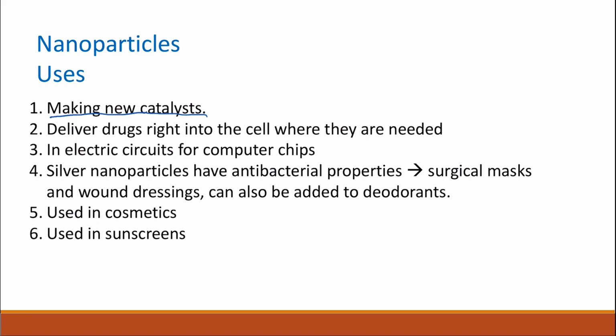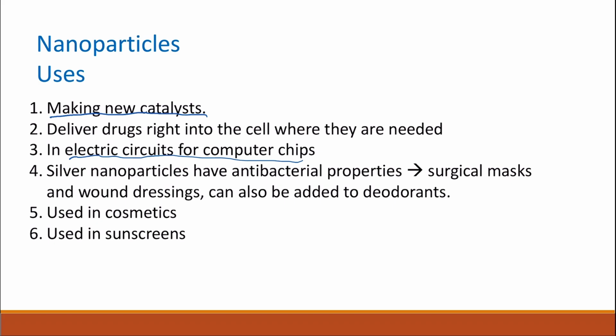The third use is related to the fact that some nanoparticles can conduct electricity. We explained before one of the nanostructures, which was fullerene nanotubes. When nanoparticles can conduct electricity, they can be used in electrical circuits for computer chips.